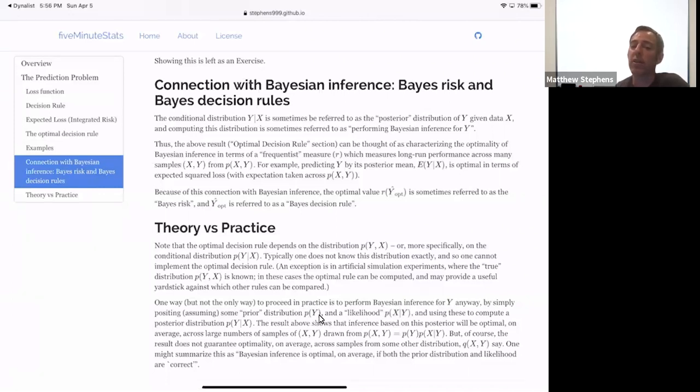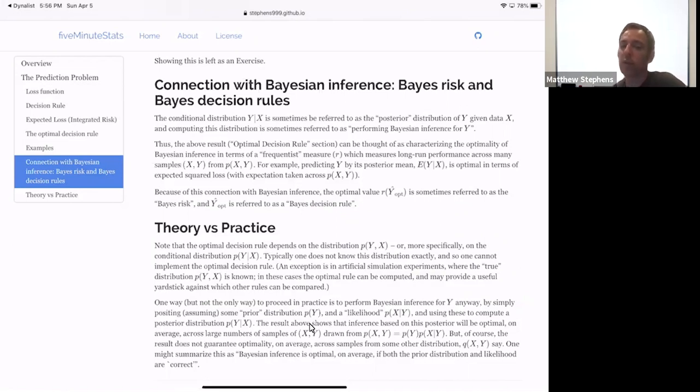These both came up in the early lectures, and then we use these to compute the posterior distribution p of y given x. All this result shows is that inference using the posterior will be optimal on average across large numbers of x and y drawn from their joint distribution.